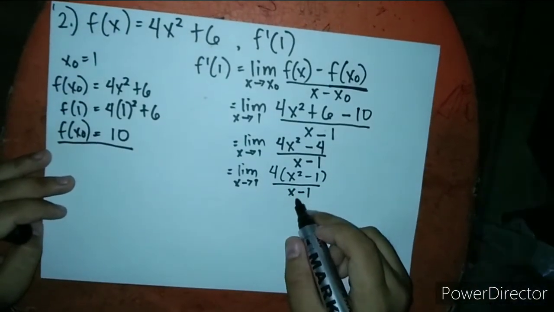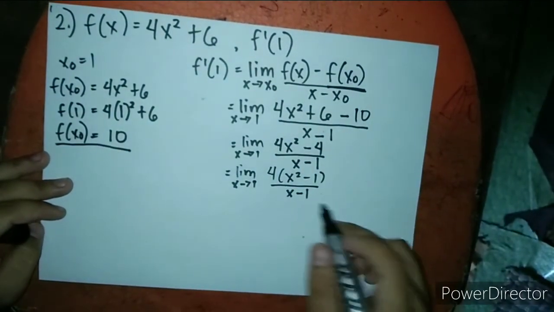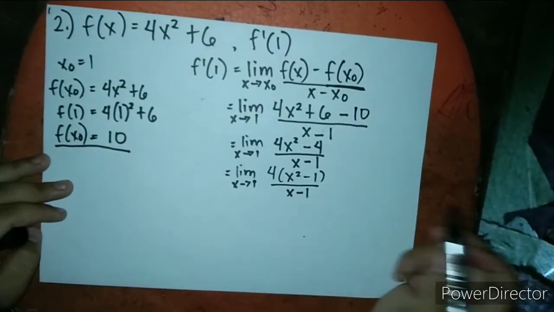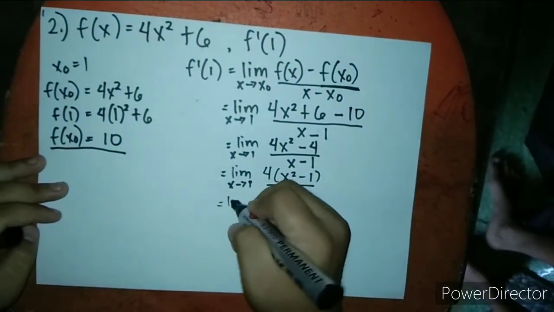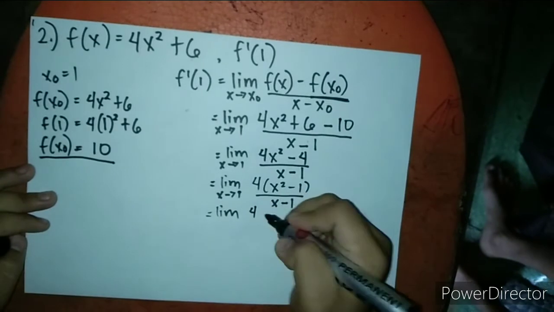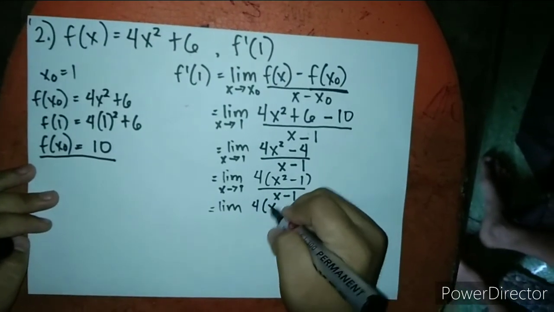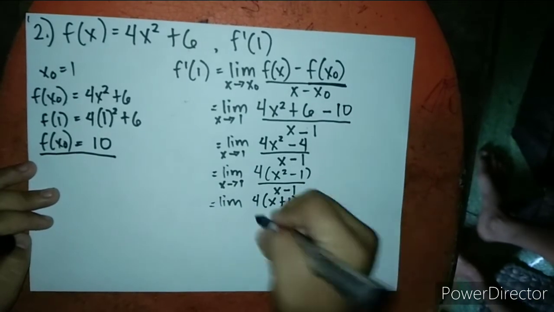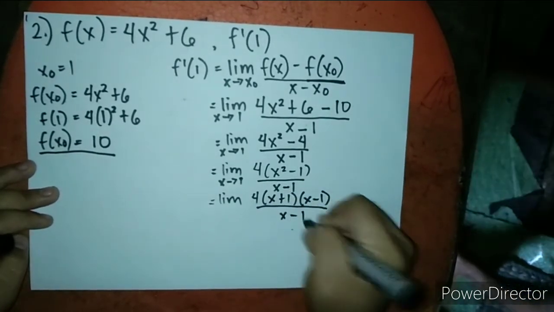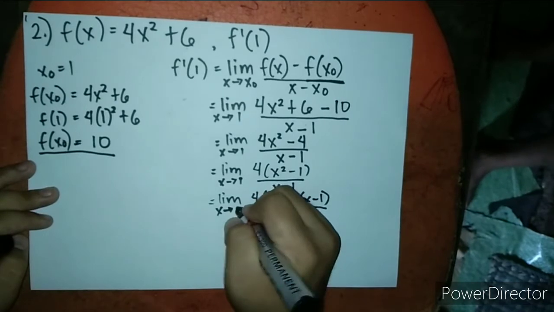Kaya ang gagawin natin ay DOTS o difference of two squares. Paano nga ba yung ginagawa? Simple lang yan. So, ganito. Limit of 4 quantity of x plus 1 times x minus 1 over x minus 1 as x approaches 1.